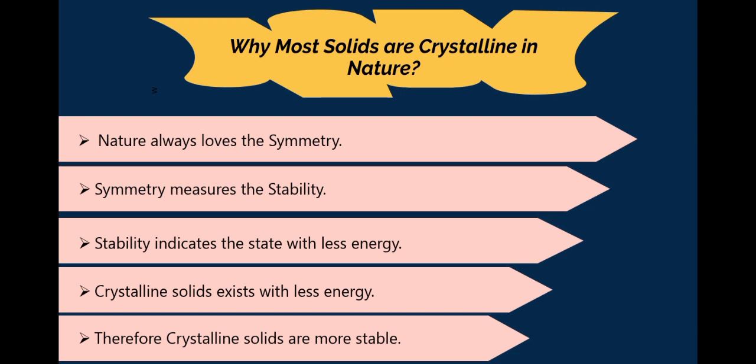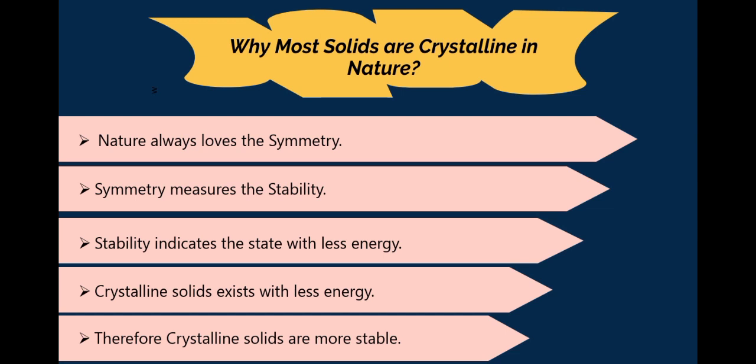Second, symmetry measures stability. In physics and chemistry, symmetry is closely linked to stability. Systems with higher degrees of symmetry are often more stable and less prone to disruptions or deviations from equilibrium. Symmetry provides a measure of the balance and order within a system, reflecting its stability under various conditions and interactions.